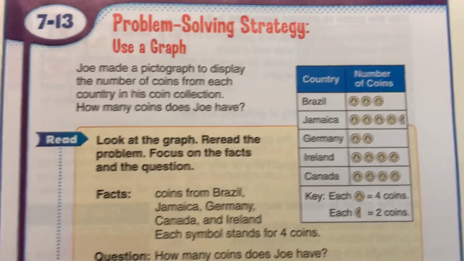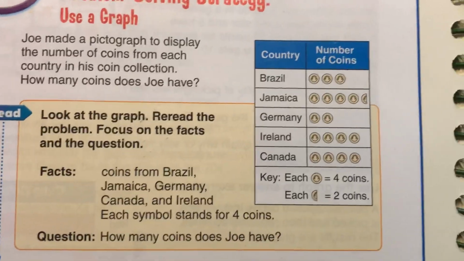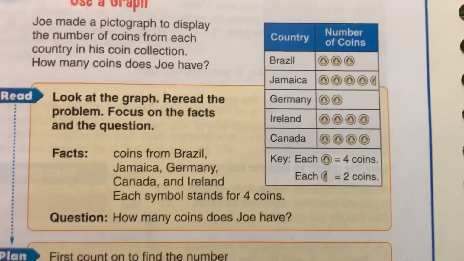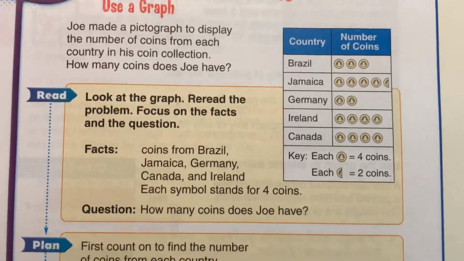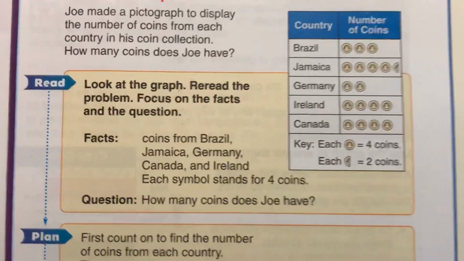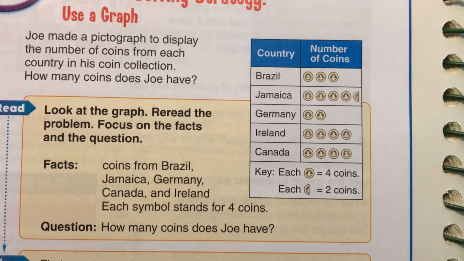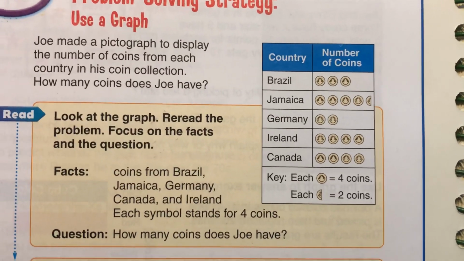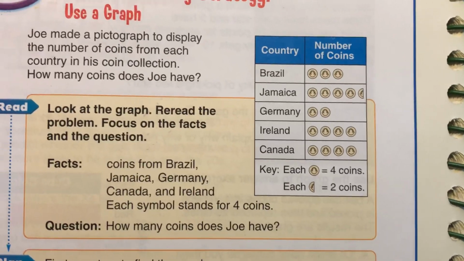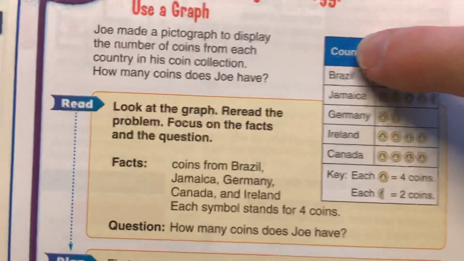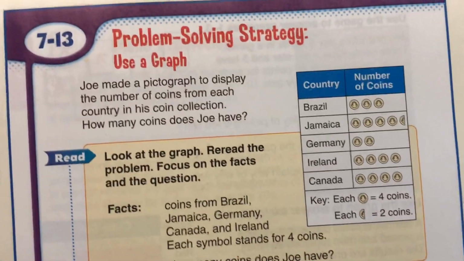All right, so the first thing you have to do is look at your graph and reread the problem, focusing just on the facts that are in that problem. So our facts are, there are coins that come from Brazil, Jamaica, Germany, Ireland, and Canada. How do I know that? Because the countries are listed.